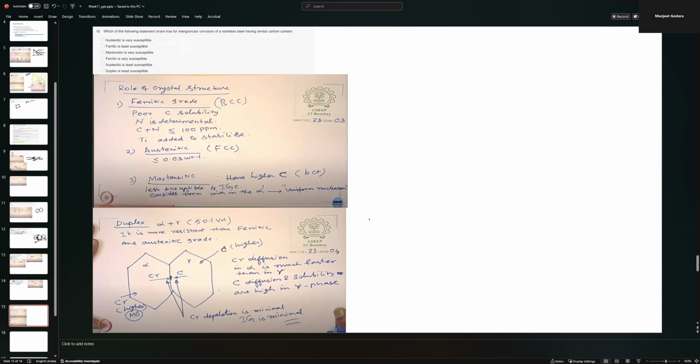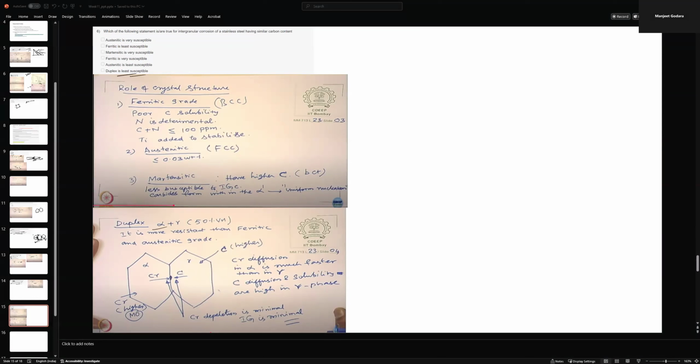So duplex is the most resistant. Duplex is least susceptible to weld decay, correct? Okay, the least susceptible one, so I have now cancelled out. So this cannot be right.